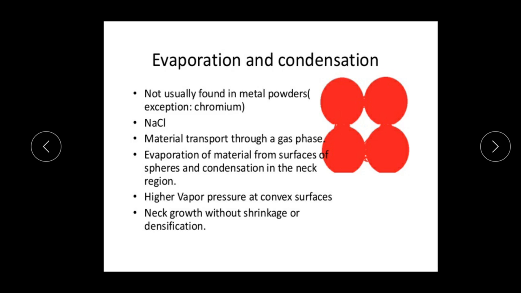It is not usually found in metal powders, with the exception of chromium and NaCl. The material is transported through a gas phase, with evaporation of materials from the surface of the spheres and condensation in the neck region. As we can see in the image, there is condensation in the neck region, higher vapor pressure at the convex surface, and neck growth without shrinkage or densification.